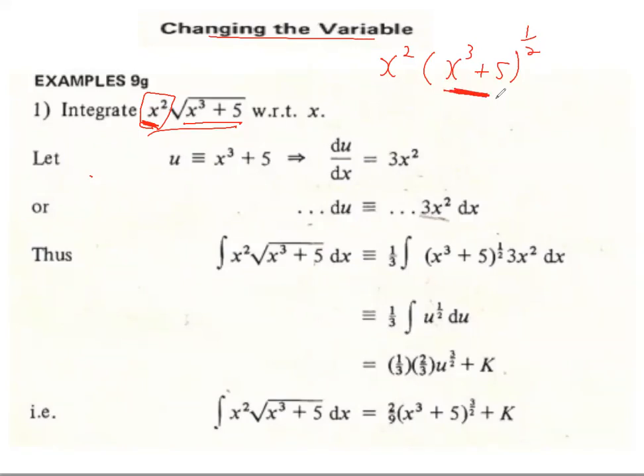Once the derivative of that part is some multiple or some fraction of this, use substitution or changing the variable is the way to go. And you can see that the derivative of x cubed is 3x squared, so that's a multiple of the x squared in front. So you say, oh yes, change of variable is what we'll go with here.